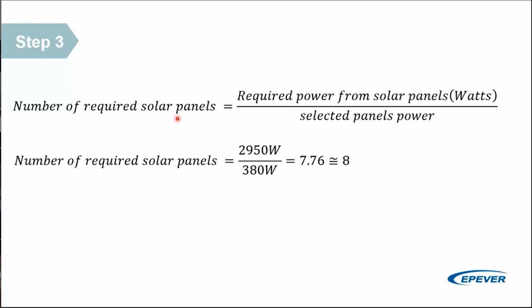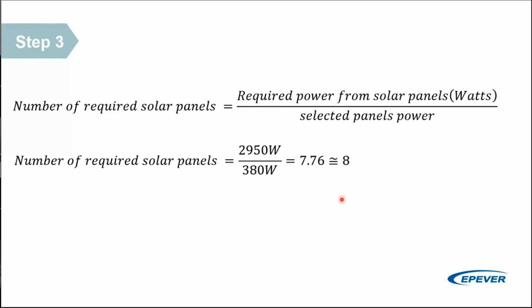So the number of required solar panels is equal to the required power from solar panels divided by the selected panel's power. We saw this. We needed 8. Just take into account that if you come up with something like 9, you must increase it to an even number, which is 10.